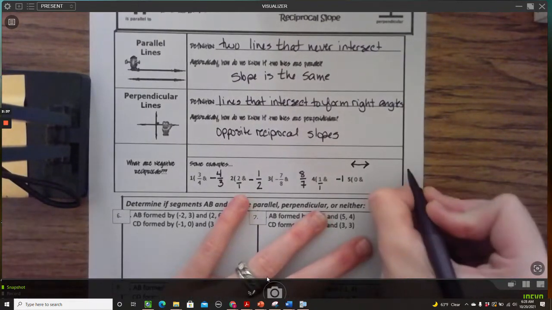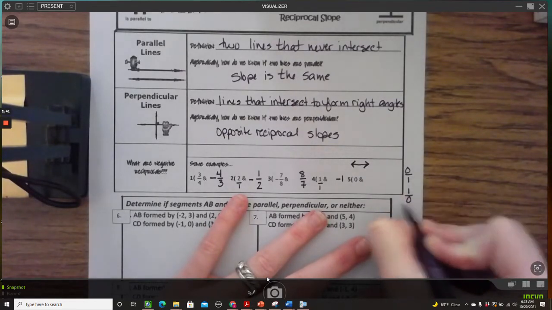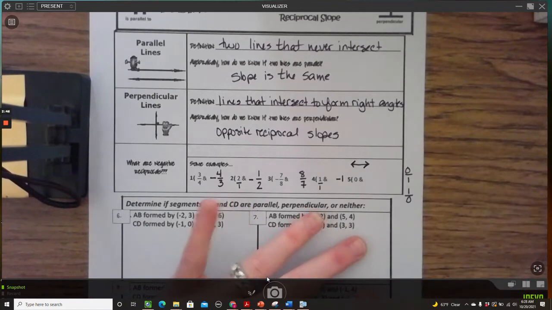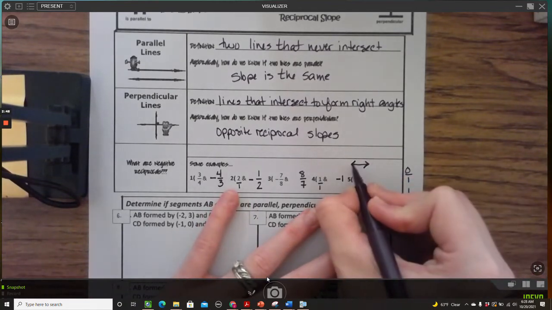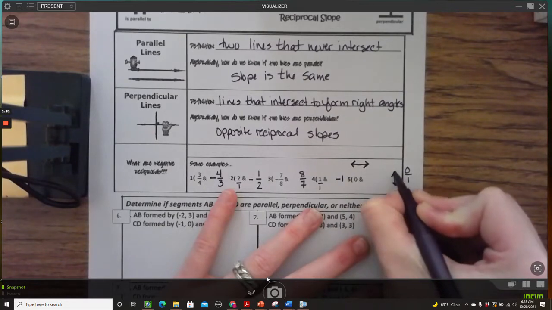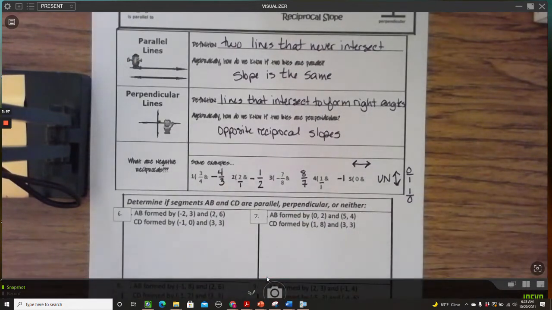If we have 0 over 1, the reciprocal of that would be 1 over 0, and this is not possible. You can't put 0 in the denominator of a fraction. So this is one of those that you just have to know, that a perpendicular line to a horizontal line is a vertical line, and the slope is going to be undefined. And that is because 1 over 0 is undefined. You can't do it in math.